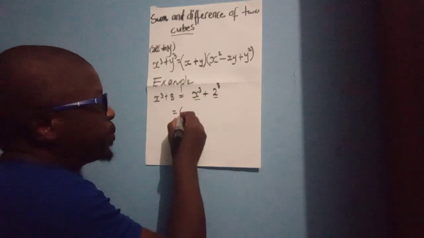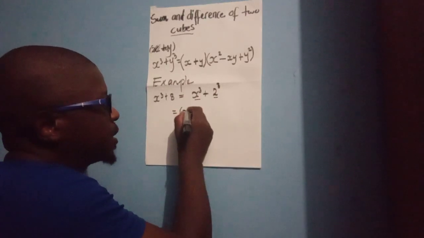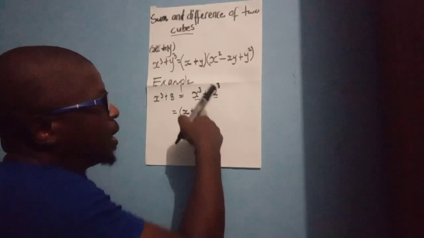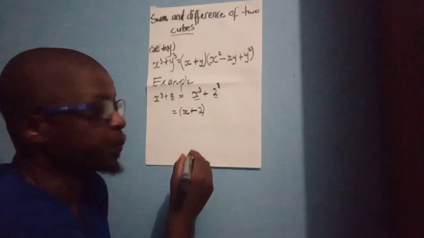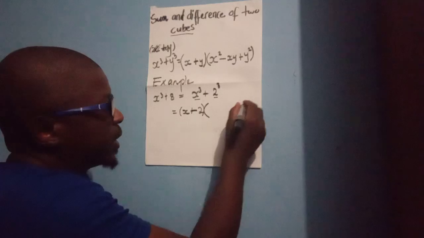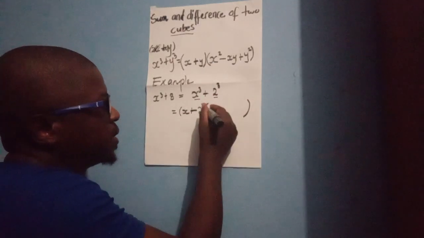So in the first bracket, we'll put x plus y, which is 2. And then in the last bracket, like we said, we're going to have x squared.